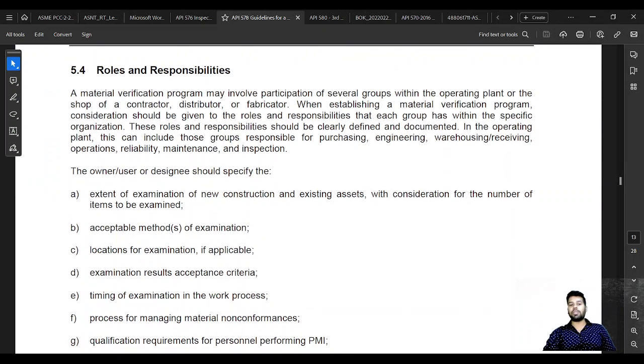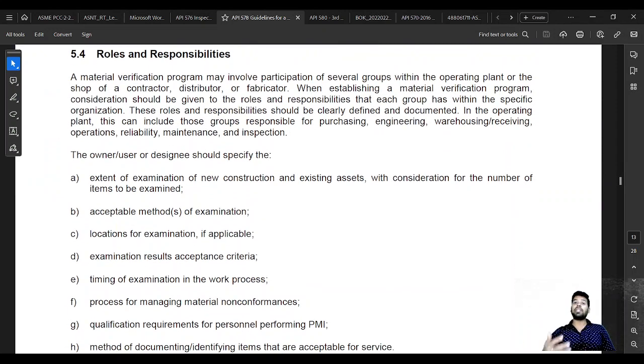Next is roles and responsibilities. The roles and responsibilities are based on the material verification program that is developed by the owner. A material verification program may involve participation of several groups within the operating plant or the shop of the contractor, distributor or fabricator. When establishing a material verification program, consideration should be given to the roles and responsibilities that each group has within the specific organizations.